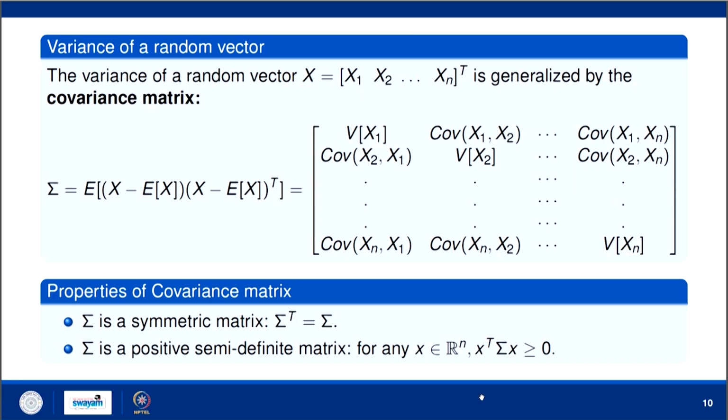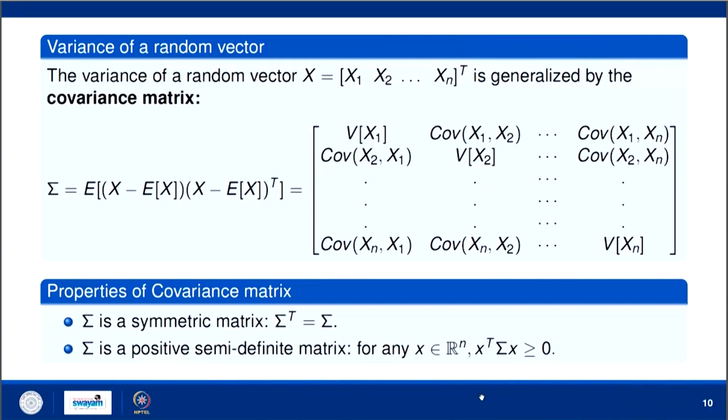In this way, suppose two random variables are given to you and you want to find the covariance matrix for them. Yes, we can find it. How? We first find the variance of x1, the variance of x2, and the covariance of x1, x2, which is of course equal to the covariance of x2, x1.